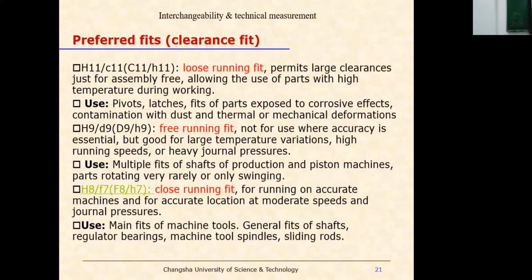Main features of machine tools, general fits of shafts, regulating bearings of machine tools, machine tool spindles. So it can run accurate machining, and accurate location is required, and also rotation is required. So we use H8 F7. This one is very commonly used in engineering.